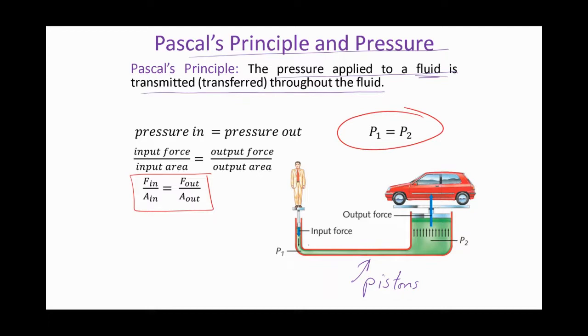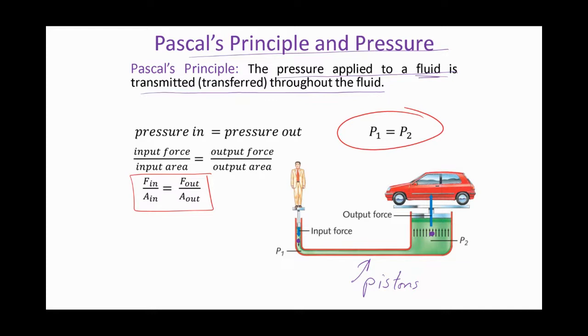So if we have this liquid here, the pressure at this point equals the pressure at the other side. We call them P1 and P2. As long as it's the same fluid in the same tube, the pressure on the left-hand side equals the pressure on the right-hand side.